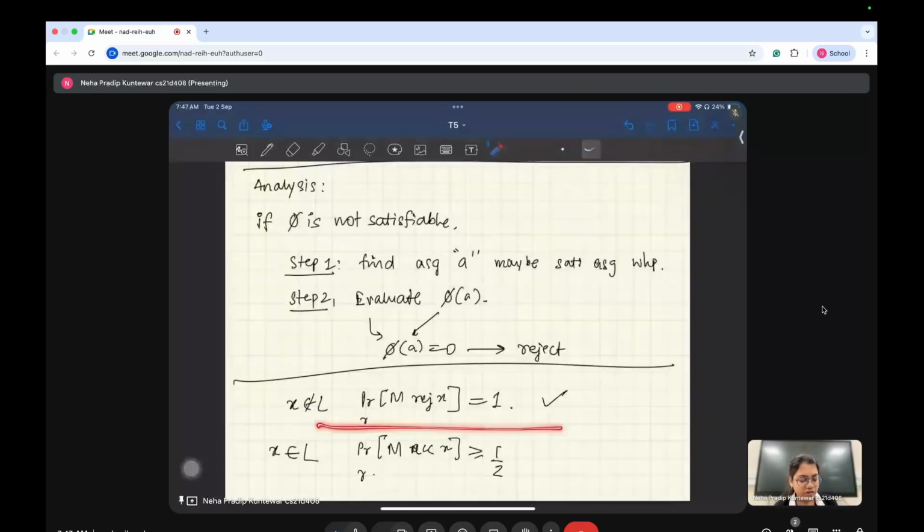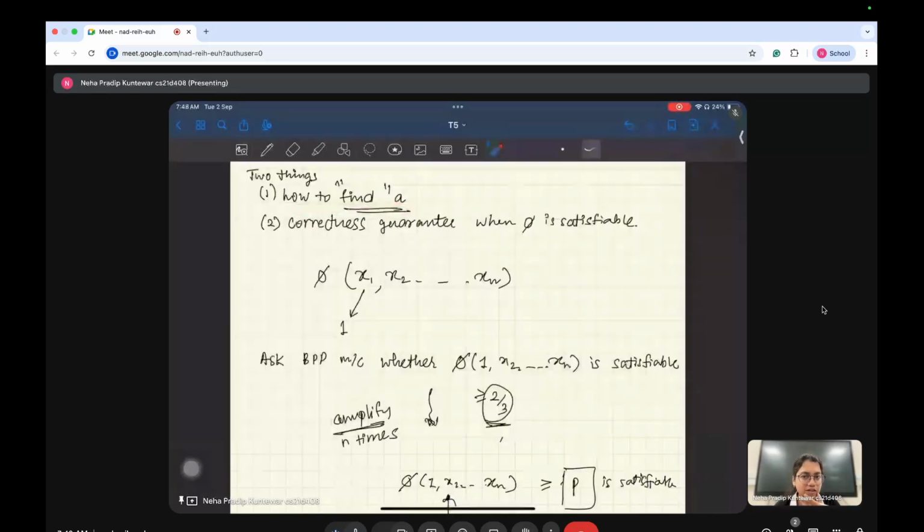The other thing that we wanted to ensure was that in the process we don't end up changing this error probability of half. We don't end up increasing it. So how do we show that? We defined our process of finding this A explicitly, which is basically our self-reducibility idea. We set our variables one by one to the boolean values of 0 or 1, and we amplify it.